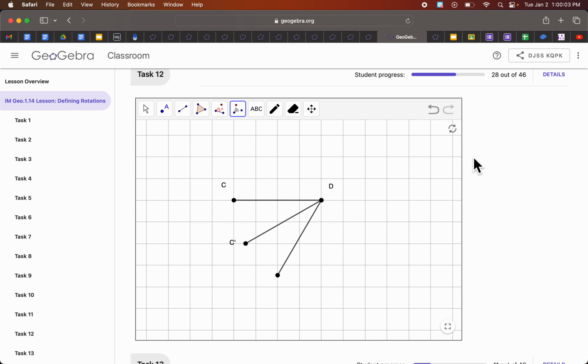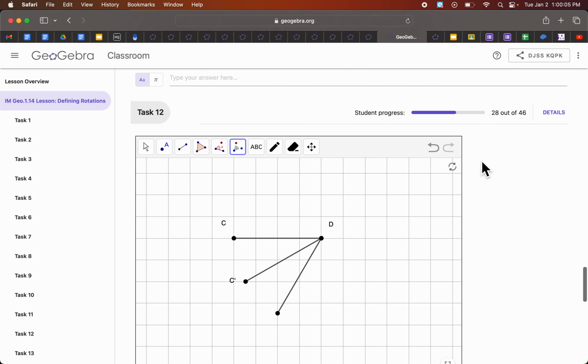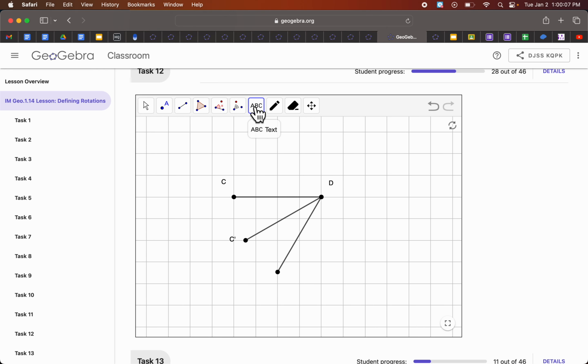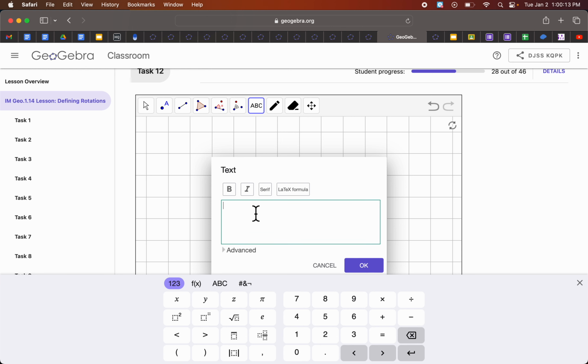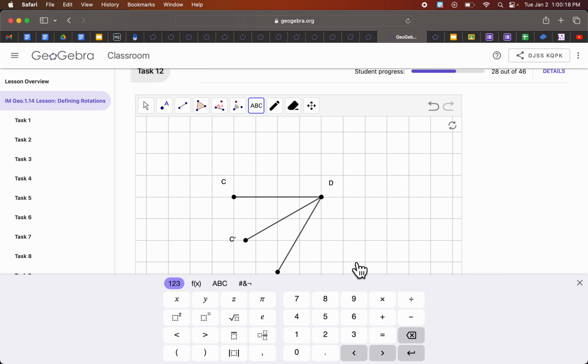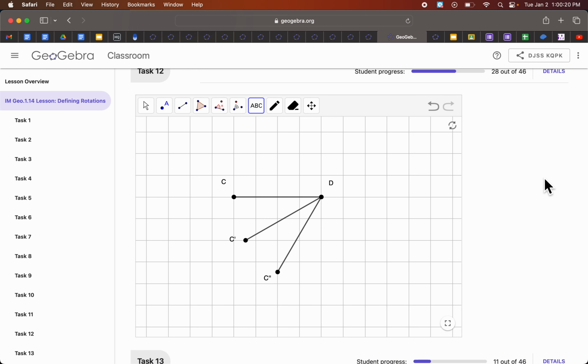Boom, there we go. And it says label the end C double prime, right? Because C single prime was here, and C double prime is going to be down here. C double prime. There we go.